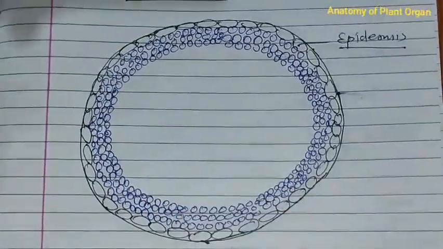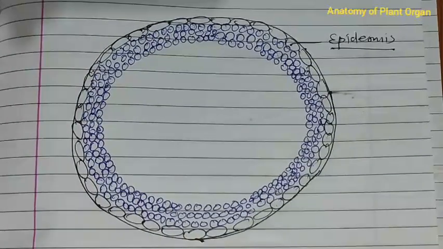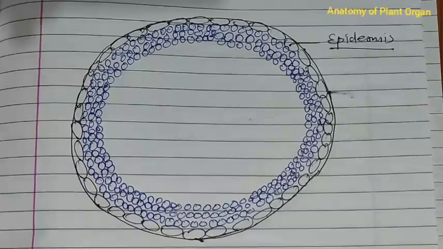So this is a hypodermis. Now inner to hypodermis we find a cortex, but cortex is not completely differentiated.